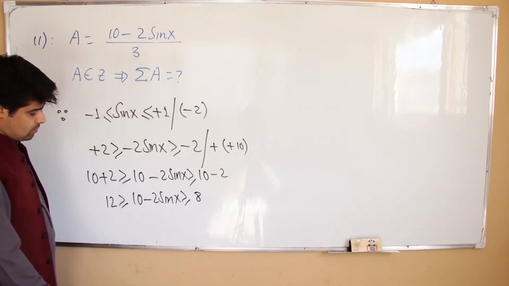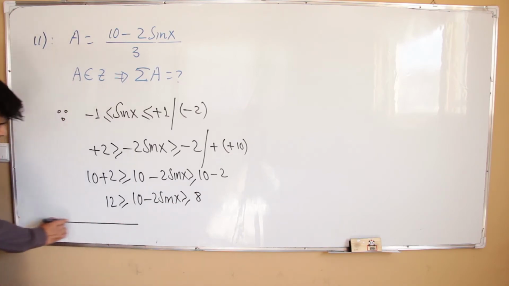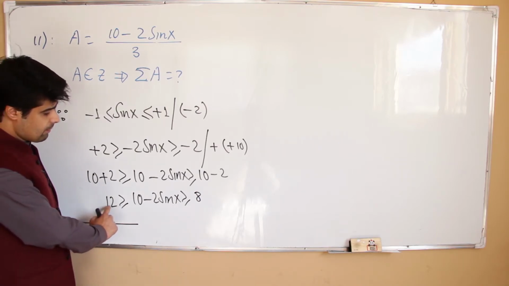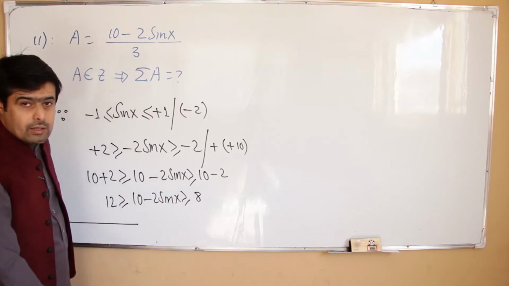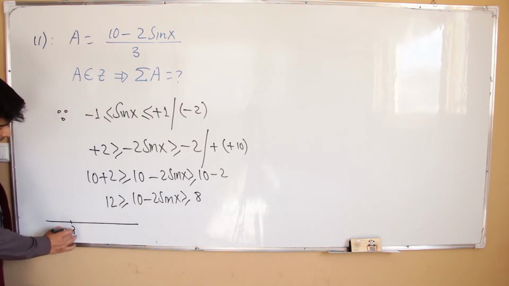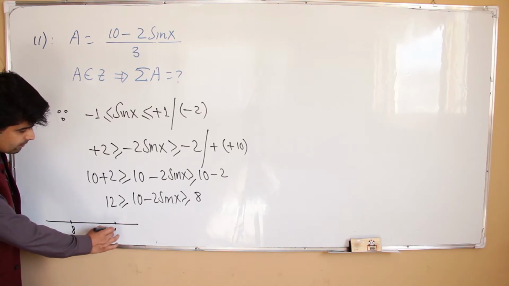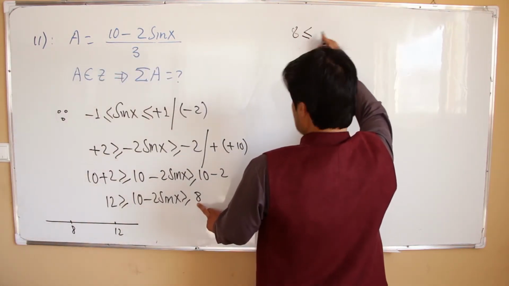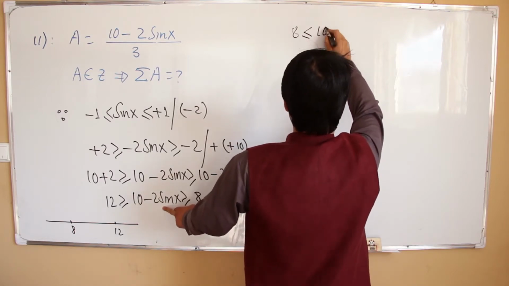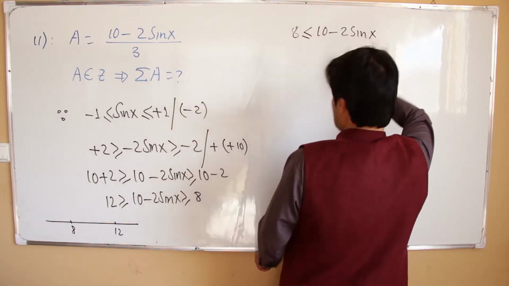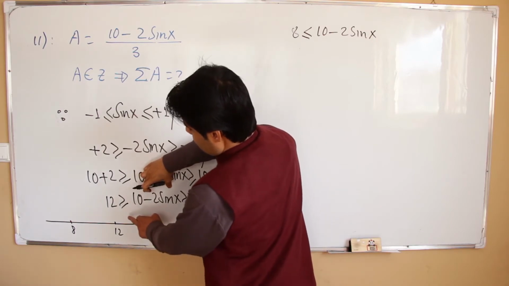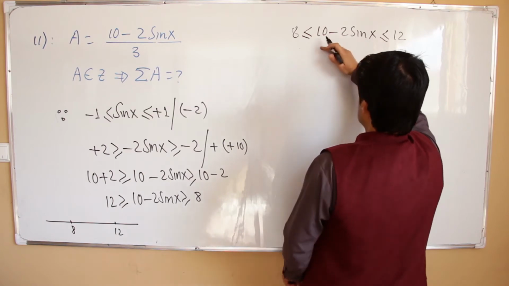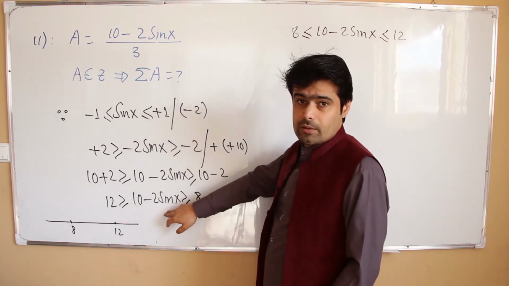Because in inequalities we put the smaller number on the left side and the greater on the right side, we can write 8 is smaller than 10 minus 2 sine x, and 10 minus 2 sine x is smaller than 12. Yes, these expressions are the same.